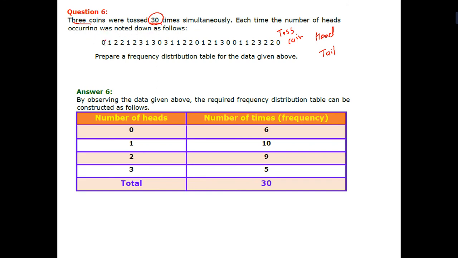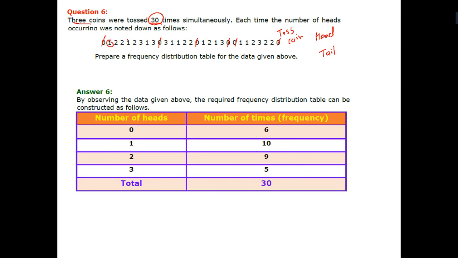So 1 time, 0 time, 0, 1, 2, that way. Number of heads 0, that is 6. How can we say 6? 1, 2, 3, 4, 5 and 6. That is why 0. Now 1.